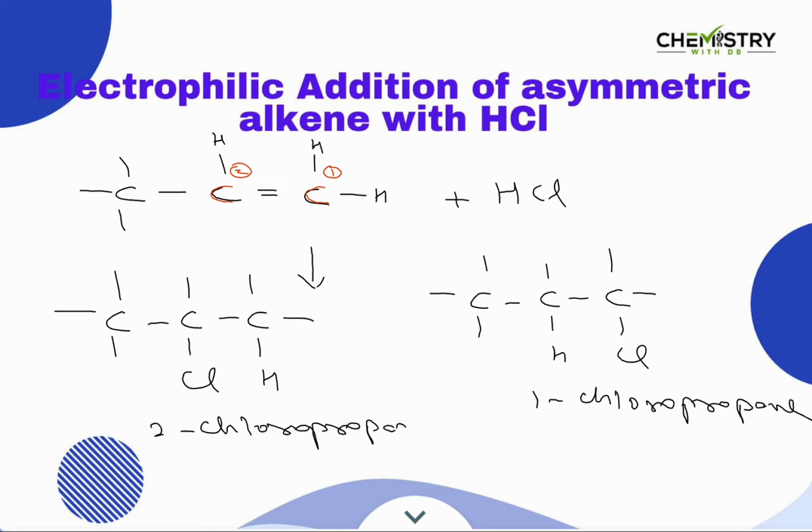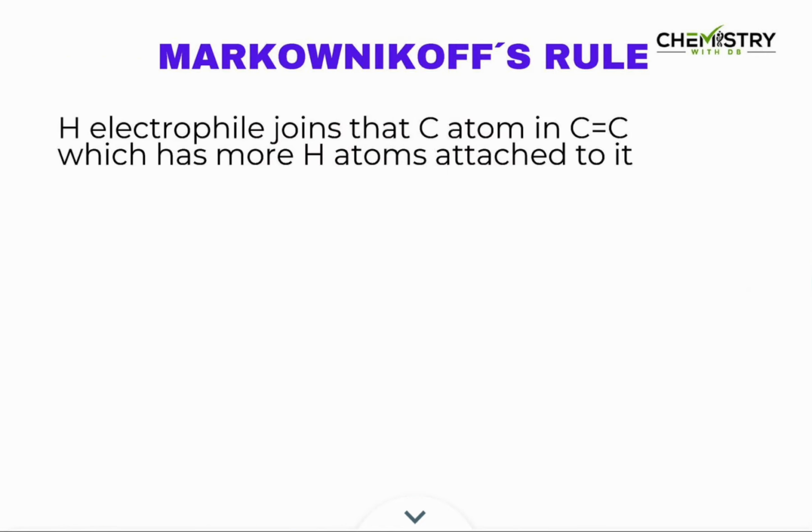Now which one is going to be the major product is decided by Markownikoff's rule. Markownikoff's rule says that the delta positive hydrogen electrophile is going to join the carbon atom in the C double bond C which already has more hydrogen atoms attached to it. So now let's see it in context with the propene that we just saw.